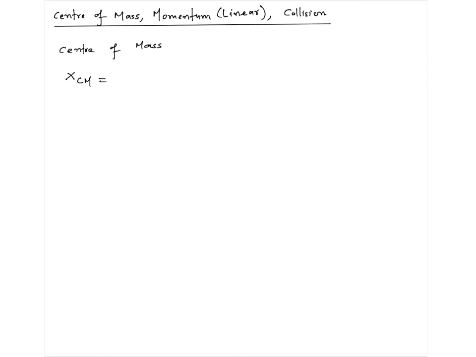First, we talk about a cluster of isolated particles, M1, M2, M3, M4, and so on, and some observer or some reference point O. M1 is at a distance x1. In fact, I should say M1 has the coordinates x1, y1, z1. M2 has the coordinates x2, y2, z2, and so on.